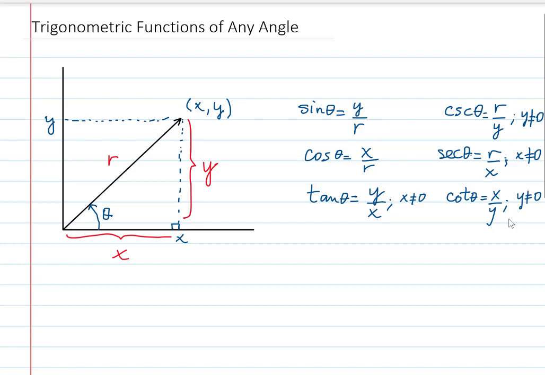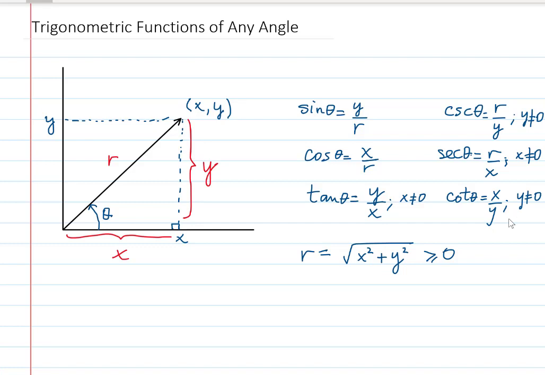So how are we going to find r? For us, r is equal to the square root of x squared plus y squared, and this would always be greater than 0. Technically it's greater than or equal to 0, but the only way it would be 0 is if you're right at the origin and then you don't have an angle, or you don't have a ray. Because we're talking about length here, this ray will always have to be positive.